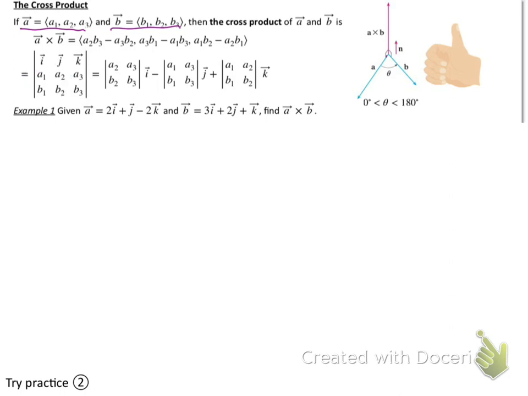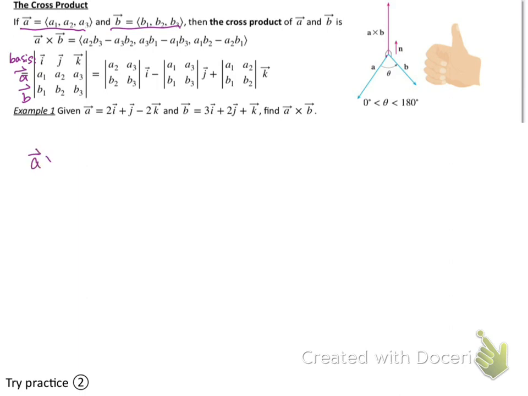So when you put your basis on top, and you have vector A on the second row, and vector B on the third row, you have a determinant. And when you compute it, i, j, and k are not numbers, so at the end you will end up with number times vector i, number times j, number times k, and that is your new vector. So here, for an example, I gave you the A and the B. We're going to find the cross product.